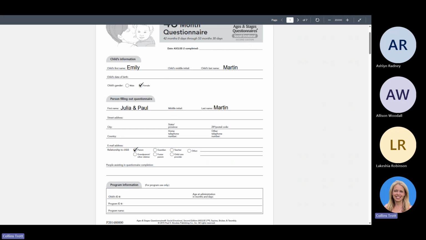Remember, as you're scoring this one, Z is 0, V is 5, X is 10.